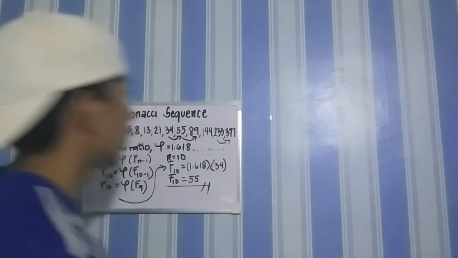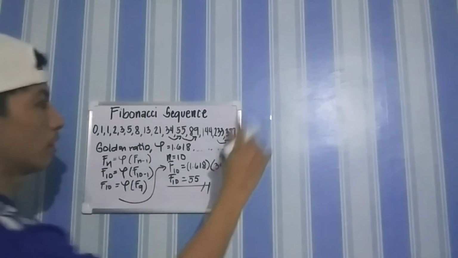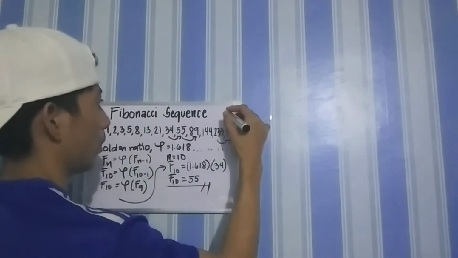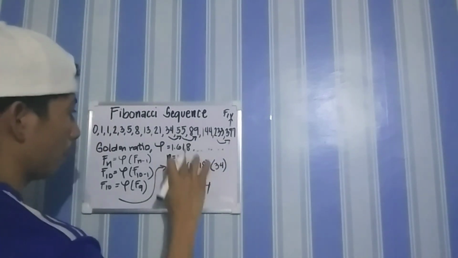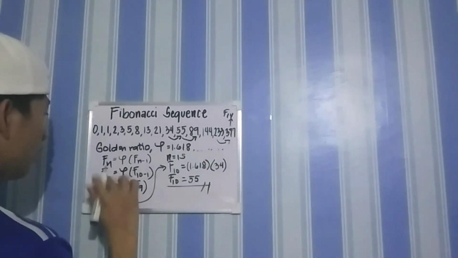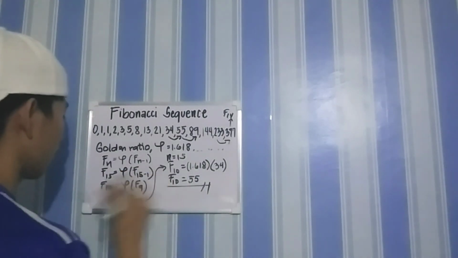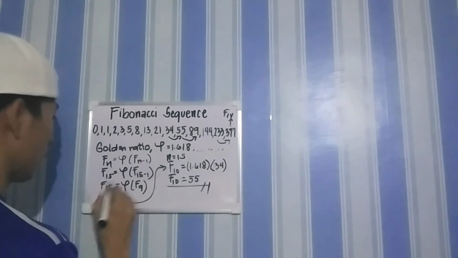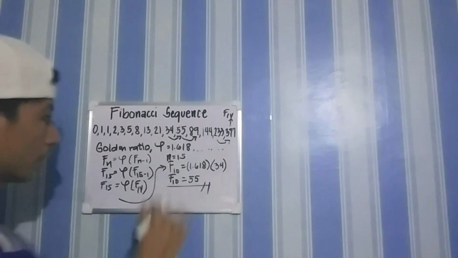So let's say we're looking for the next number after 377. This is f sub 14, so we're looking for f sub 15. Our n is equal to 15. Replacing all n by 15, n minus 1 is equal to 14.